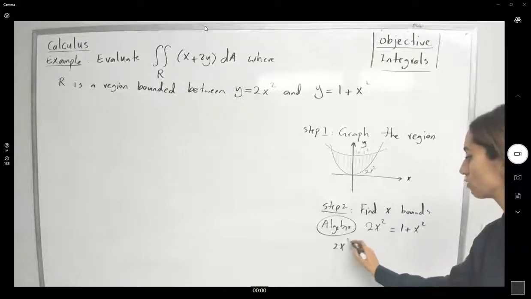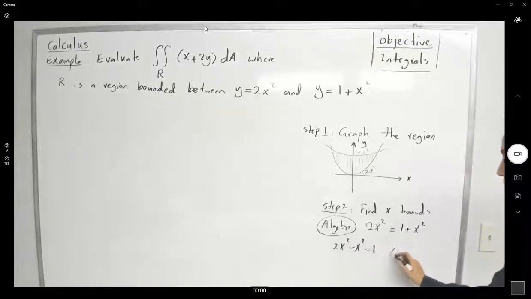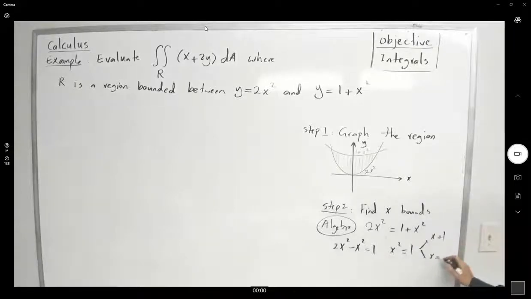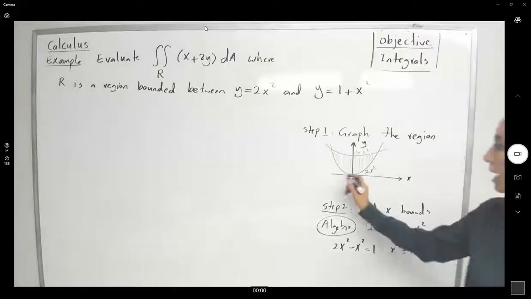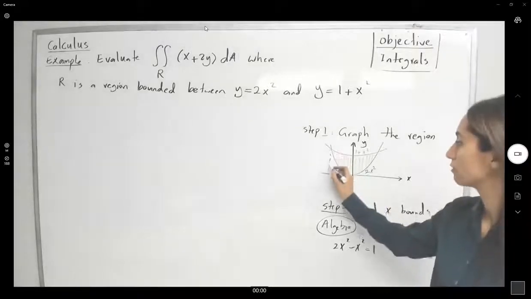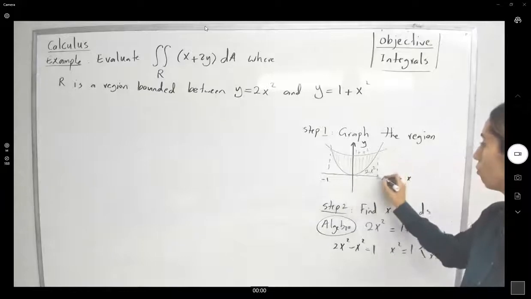So 2x squared minus x squared is 1. So x squared is 1, x is 1, x is negative 1. These are the boundaries for your x. X ranges between -1 to 1.